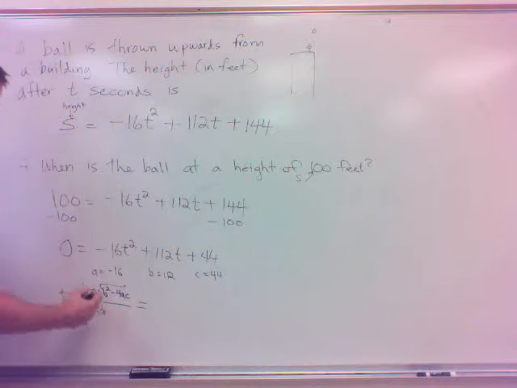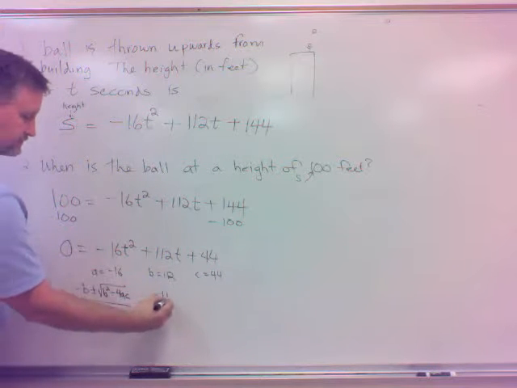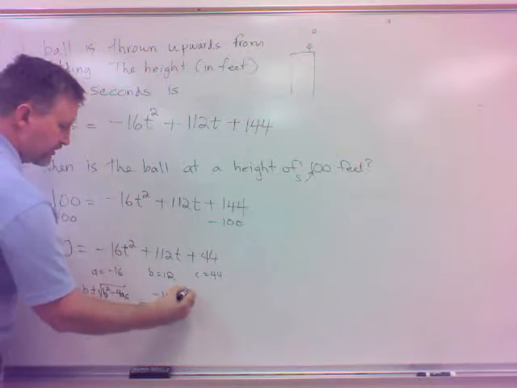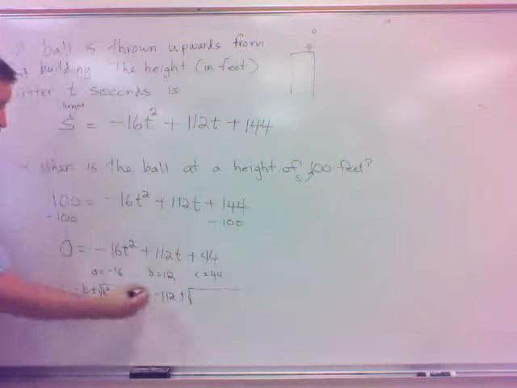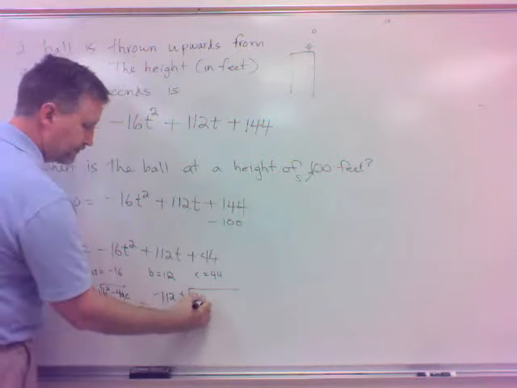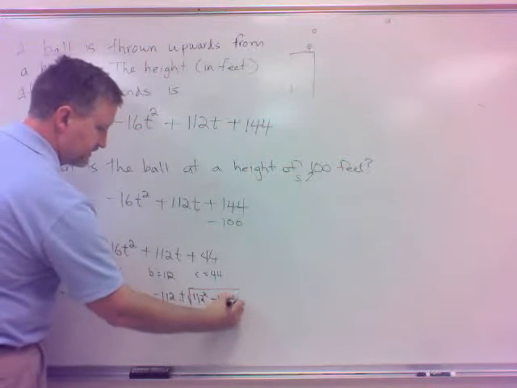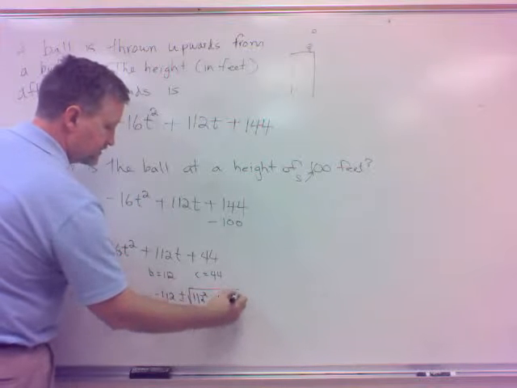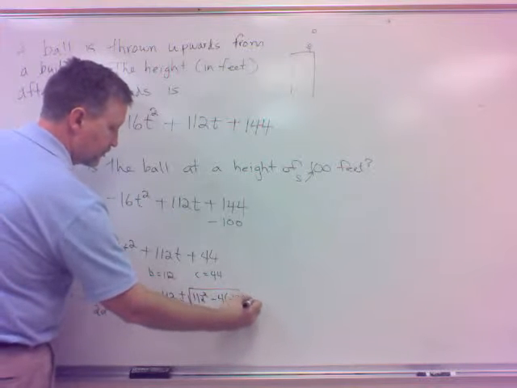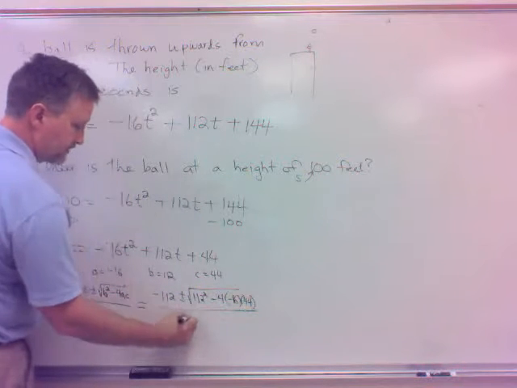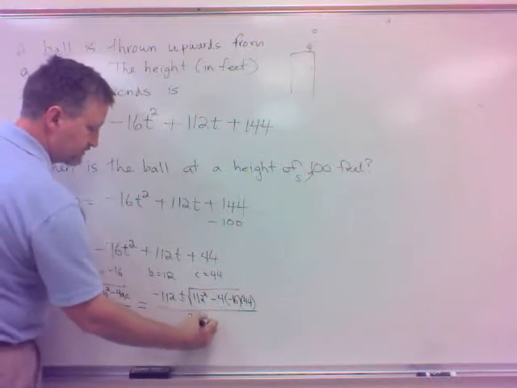Which will give me, in this case, minus b would be minus 112 plus or minus square root of b squared would be 112 squared minus 4 times a, which is negative 16, times c, which is 44, all over 2 times a, which is negative 16.